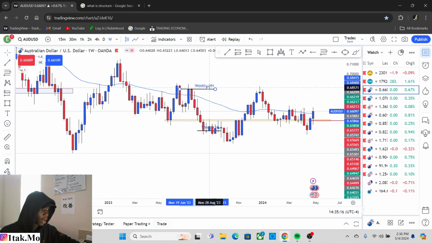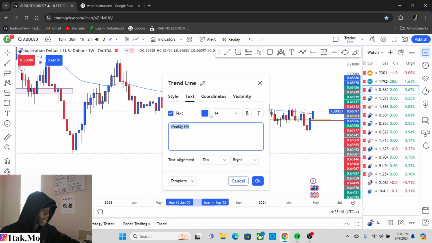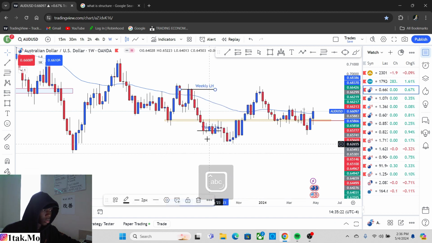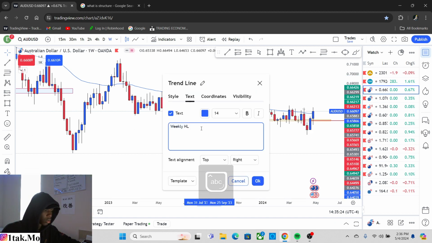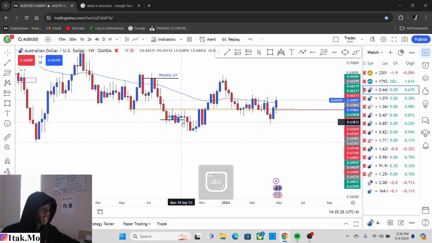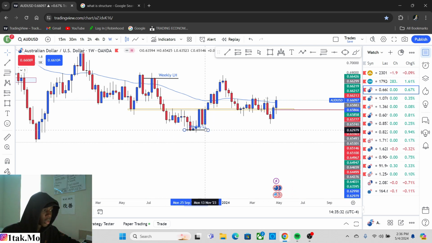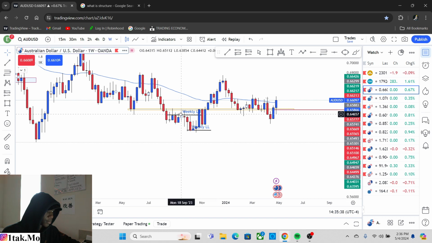This would be the lower low. This would be the new lower high. Cool. Now price was consolidated right here, ranging market, and then eventually broke below. So this is the new lower low. This would be the new lower high right here.